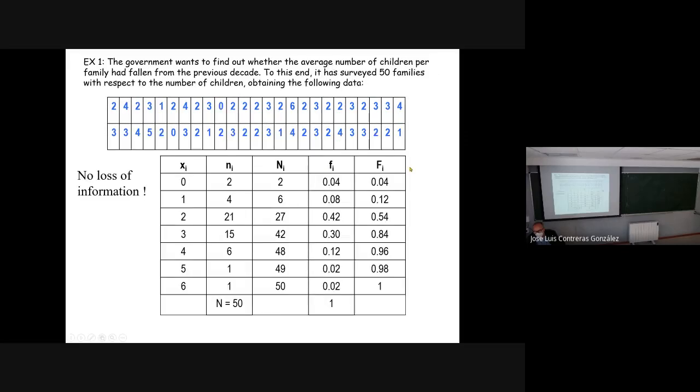Let me show you. At least you must have numbers similar to those. Okay, this will be the full table.